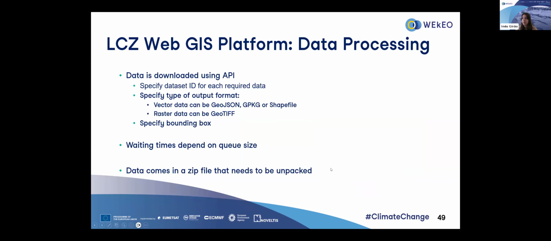Here is just a brief overview of how the processing is done. You can also ask for a specific type of output format, and the waiting time, of course, will depend on the queue size.